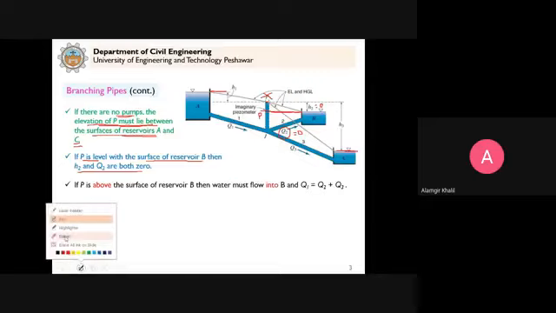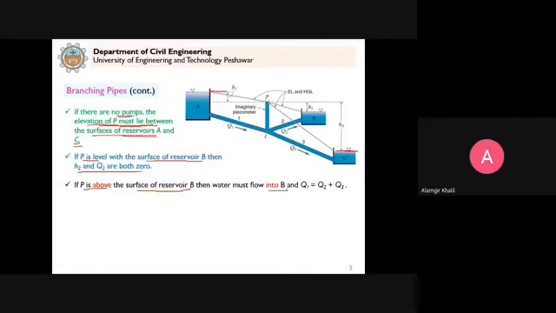In the second case, if P is above the surface of reservoir B, then water must flow into B. Like in this case, you can see here P is above the reservoir B surface.